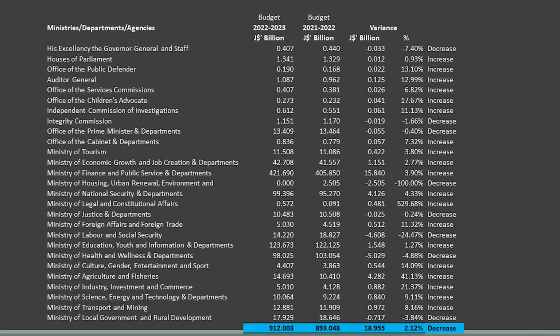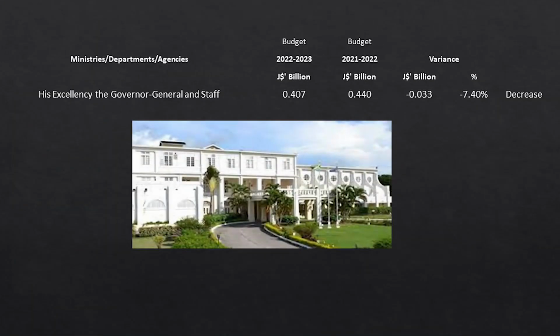So the first one, that's the Governor General. The Governor General is getting $0.407 billion for his office and staff, compared to $0.44 billion in 21-22. That's really a 7% decrease. Let's look at the Prime Minister.